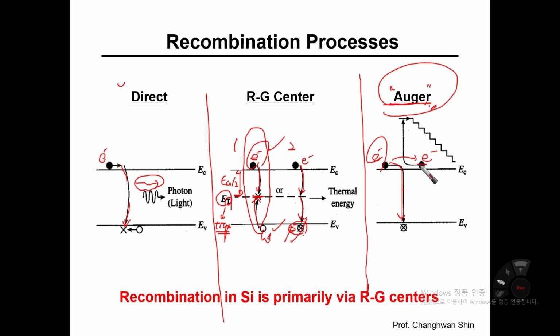This electron absorbs this amount of energy, in this case a band gap energy, then it's going to be excited and sit at an energy level which is way higher, way away from the conduction band edge.